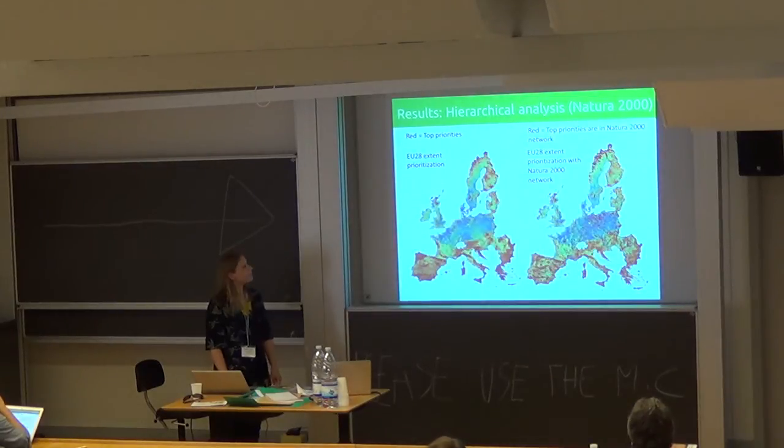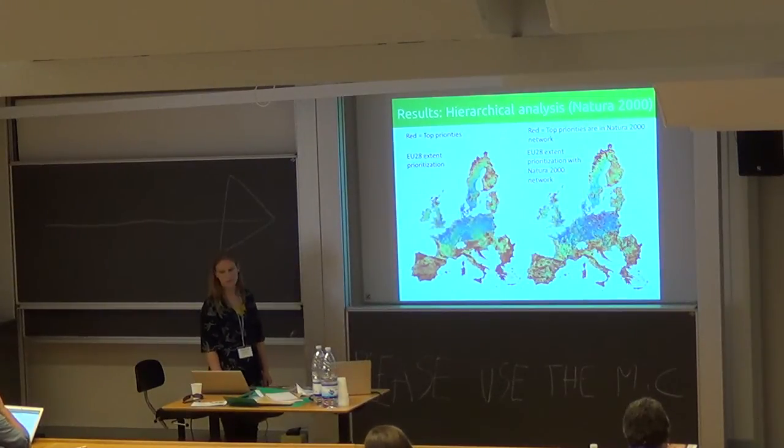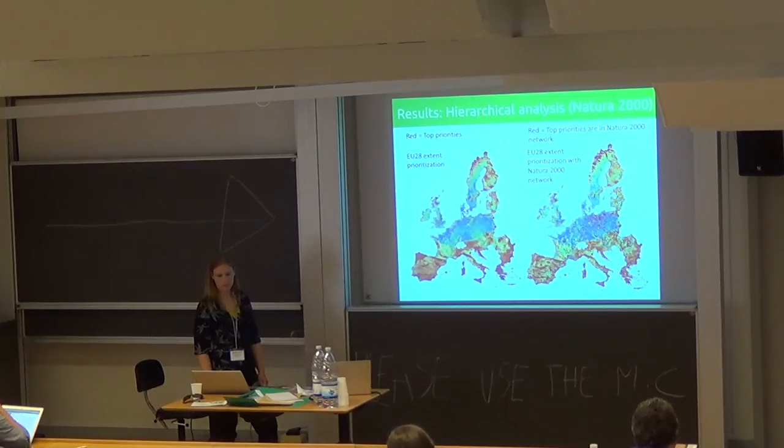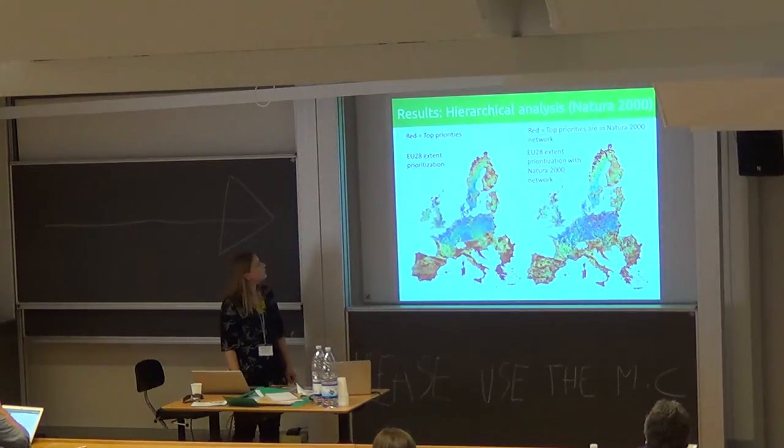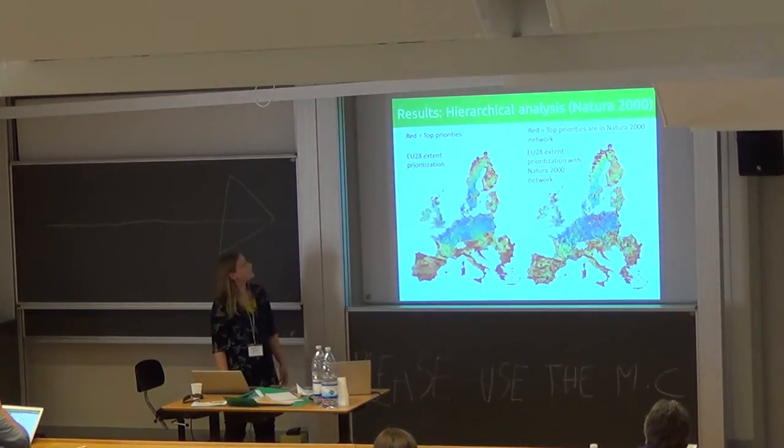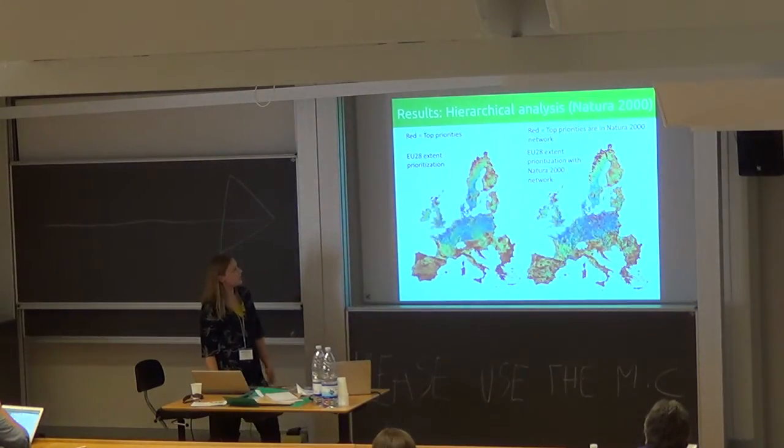And the next result of analysis is about hierarchical analysis. And Tuuli already mentioned how you can use this kind of a setup in zonation. In here, I have used it with Natura 2000 data. Here is a prioritization done with EU countries. This is a simple version or solution without any hierarchical mask used.